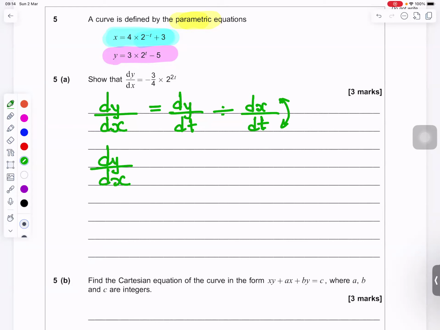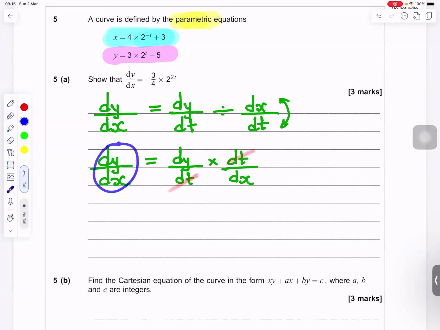dy over dx is equal to dy over dt times dt over dx. And if you notice in that formula, dt can cancel with dt. So the left side is dy over dx, the right side is dy over dx, because the dt can cancel. So to do this question, you need to find dy over dt first.